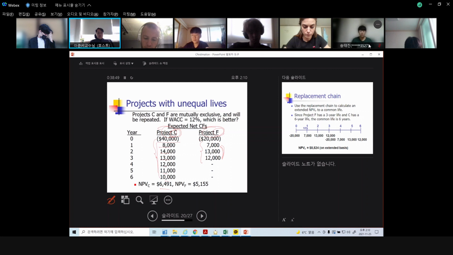The total capital expenditure is less than Project C, which is 20K. At the end of the first year, we can forecast 7K, at the second year 13K, at the third year 12K. If we calculate the net present value for Project F, it's 5,155.